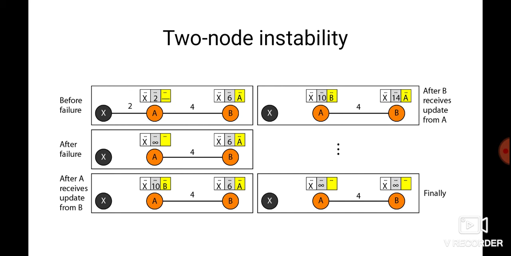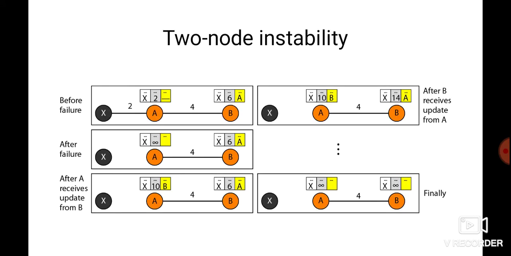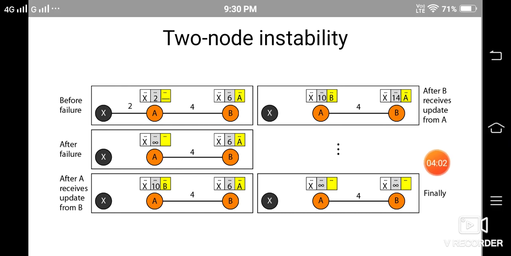A will update its table, so the distance will be 10, because for A to B it is 4 and B to X it is 6, so it will be 10. So this is the table updated by A, and again A will send this table to B, so again B will update it to 14, again B will send to A like this, and at the end finally both the nodes will make the distance to X infinite.